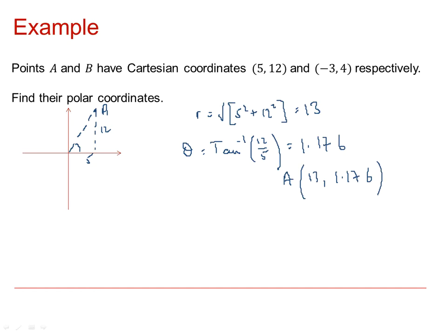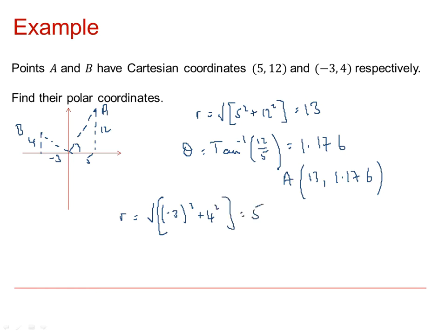B, on the other hand, is at -3, 4. So -3, 4 is about this position here, where we've got -3 on the x-axis and 4 on the y-axis. So r this time is the square root of -3 squared plus 4 squared, which of course is 5.